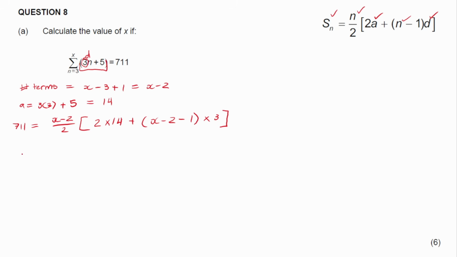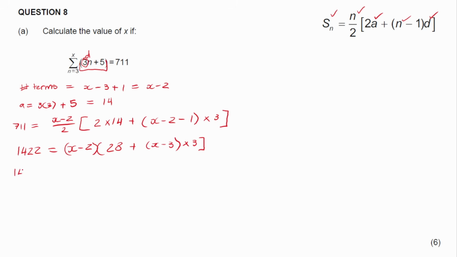All right, so what we can do is times both sides by 2. So we get 1,422 is equal to x minus 2, in a bracket, careful, times 28 plus, then this will give us x minus 3 in a bracket, times 3.